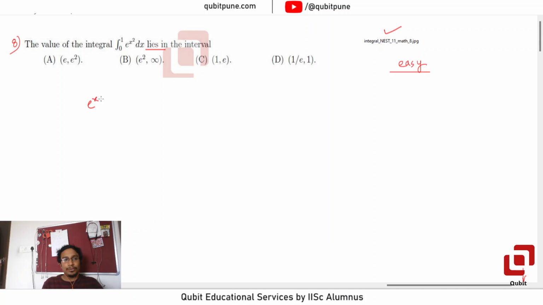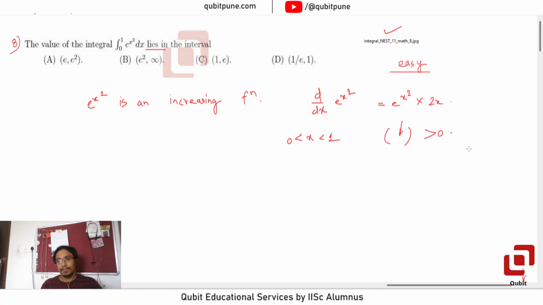You say e raised to x squared is an increasing function, है ना? For 0 to 1, this derivative is always positive, so it is increasing. Now what you said will be valid.